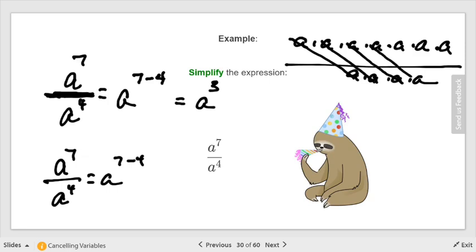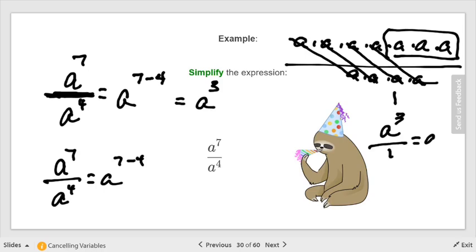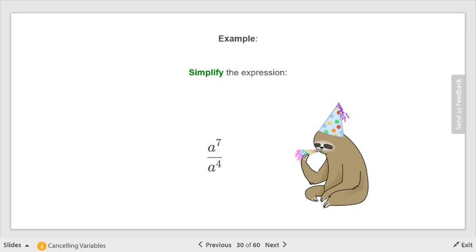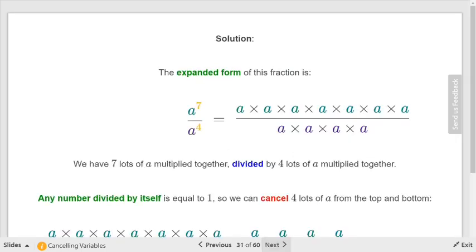How many are left in the top? 3. So that's a to the third over 1, which is just a to the third. We use the shortcut rule: when dividing with exponents, you subtract them. When multiplying with exponents, you add them. Good. Keep that in mind as we look at the next problem.